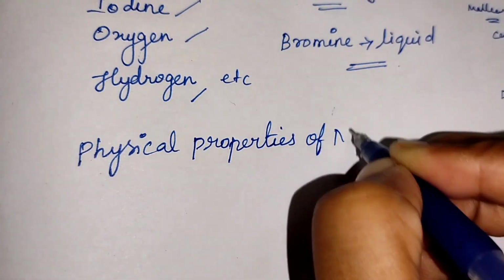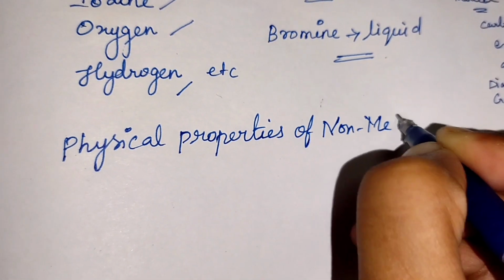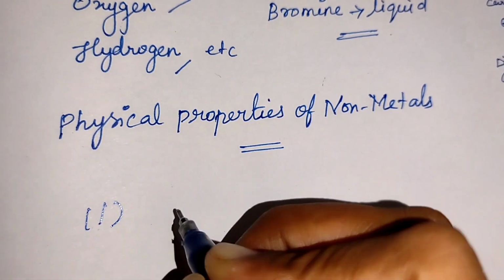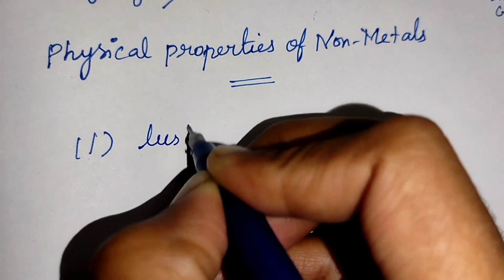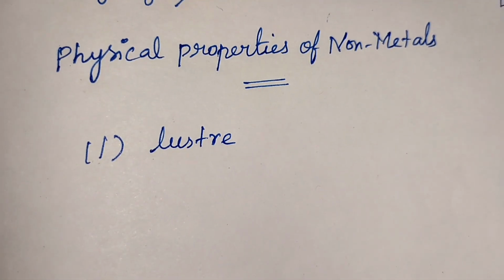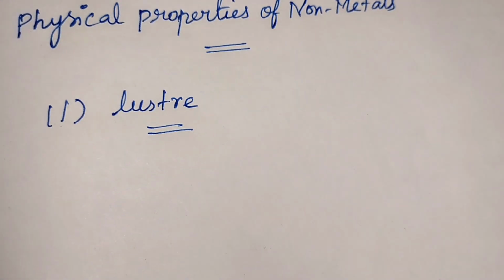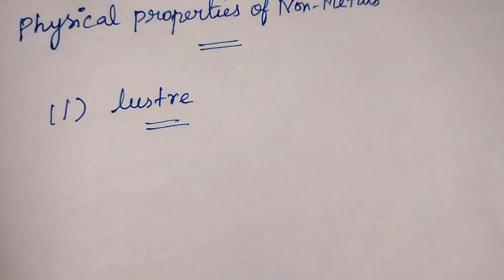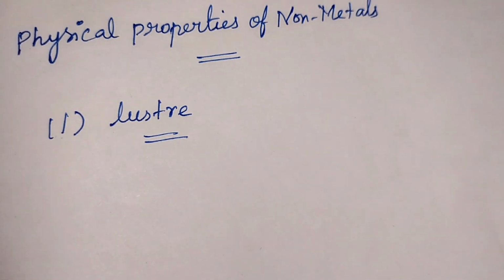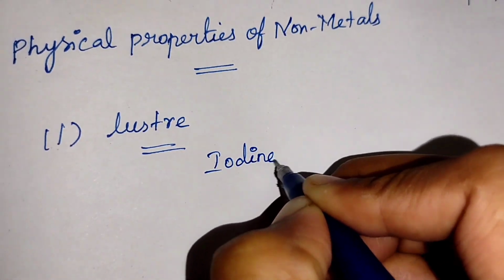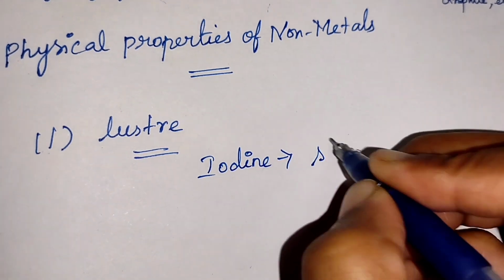Physical properties of non-metals. In the previous video, we saw the first physical property, luster, that shining surface we saw for metals. Like that, we are going to check whether non-metals also have a shining surface or not. Yes, among non-metals, iodine has a very shining surface.